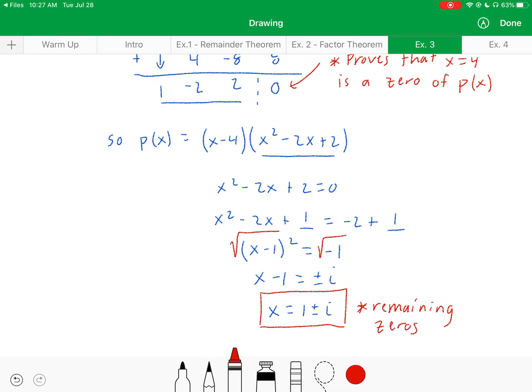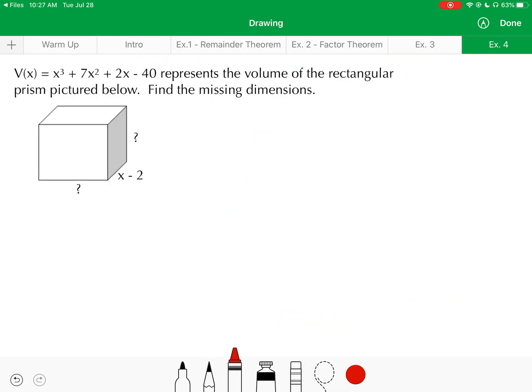All right. One final example. This is a bit of an application here. So we have a function v of x here. It's a cubic function, and it represents the volume of the rectangular prism that's pictured below. And we'd like to find the missing dimensions, okay?